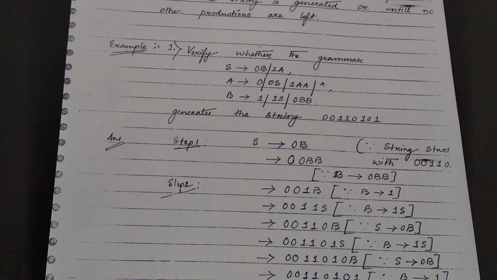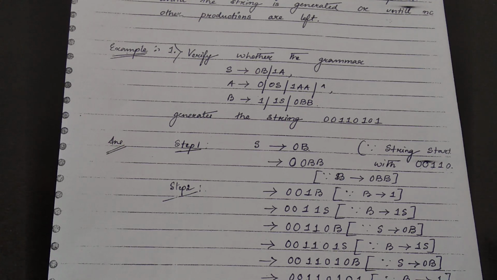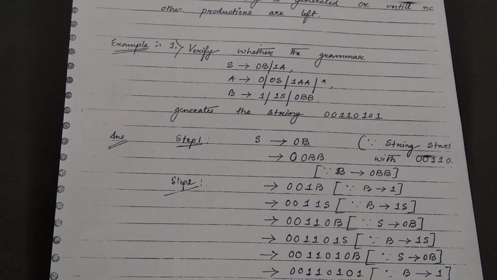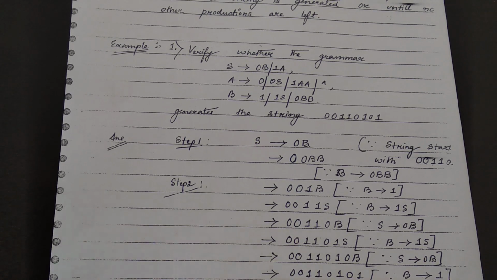So we will check out how to work on this topic, and I will let you know how to use the concept of parse tree, how to convert a particular grammar into a parse tree, and then with the help of the parse tree, how you can generate a particular string. So let us check it out with an example.